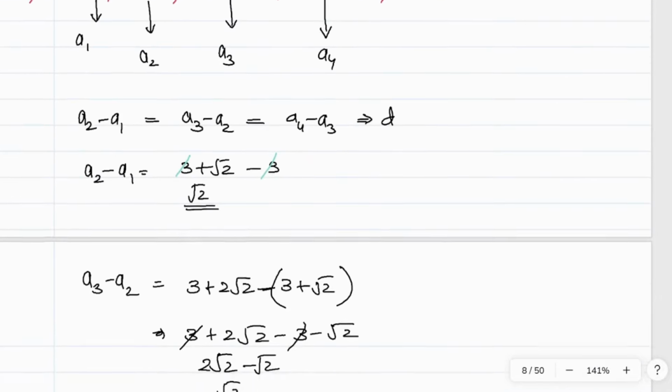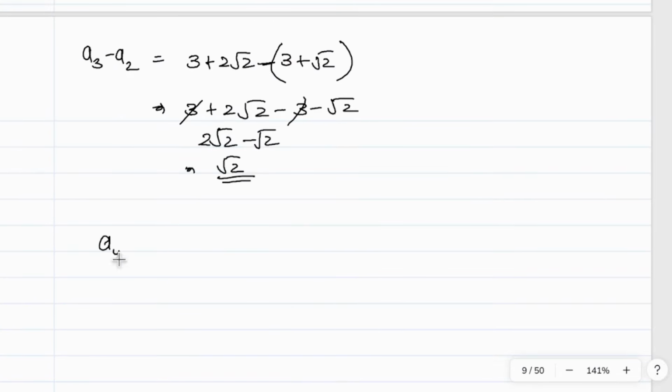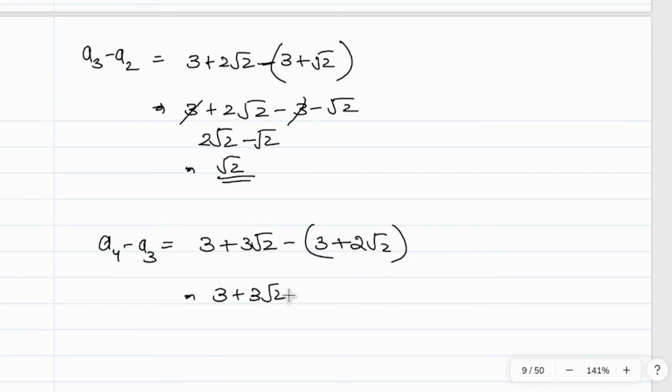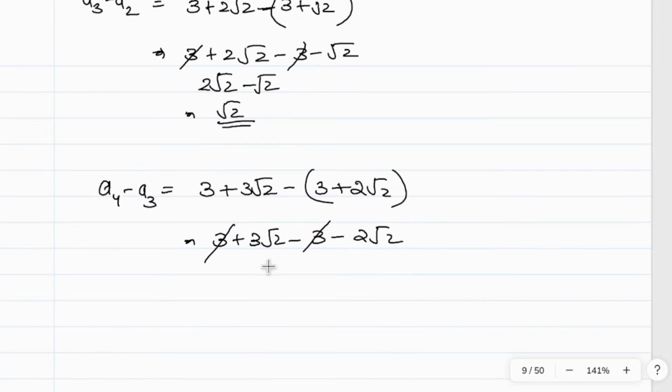Now we need to find what? A4 minus A3. What is A4 minus A3? Which is equal to 3 plus 3 root 2 minus (3 plus 2 root 2), right? Which is equal to 3 plus 3 root 2 minus 3 minus 2 root 2. Here this one and this one will get cancelled. What is 3 root 2 minus 2 root 2?